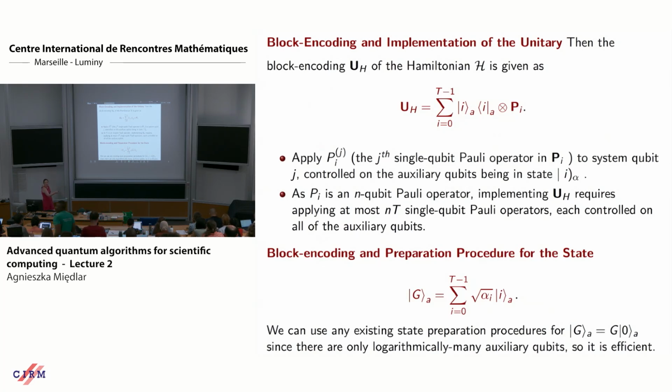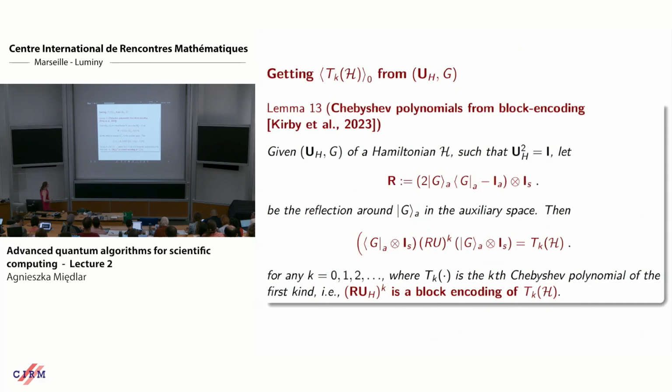As I said, in our classical block encoding, the object that we usually have is the zero ket tensored m times. But as I said, you can apply any other, because it connects to a rotation with respect to the basis, and you can use any existing state preparation procedure. So you need to block encode, you need a unitary representing the matrix, and you need to be able to prepare your state.